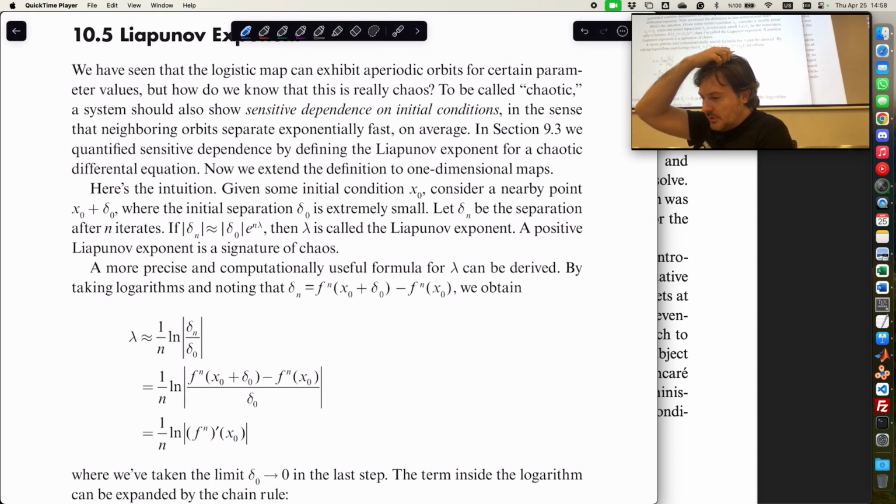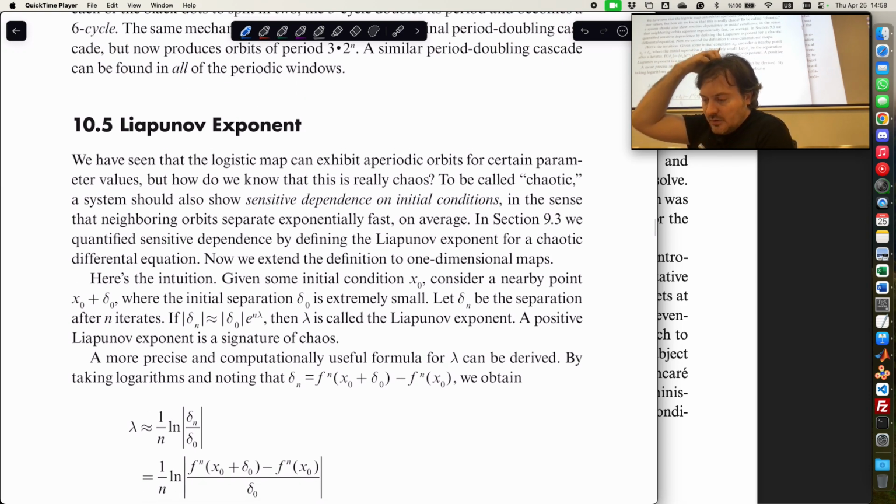Okay. What is Lyapunov exponent? Lyapunov exponent tells us whether we are in chaos or not. Here's what it means. Let's say you start at x0 and you have a tiny bit of delta 0 here. So basically I'm starting at x0 and I'm also starting at x0 plus delta 0.